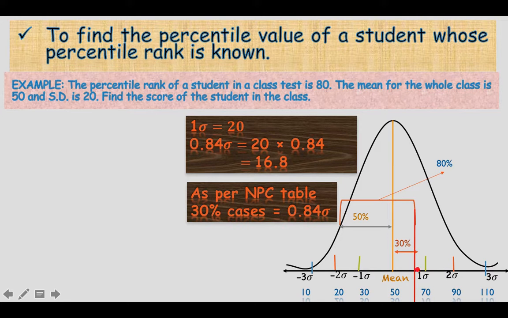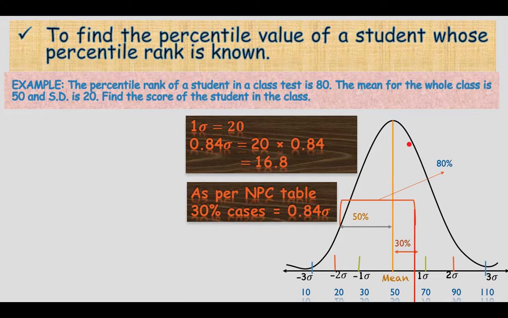In the normal curve this is 1 SD, but in the case here, when the mean is 50, the SD is equal to 20. So 1 SD is equal to 20 for this problem, and the score lying between 0 and 0.84 SD will be equal to 20 multiplied by 0.84, which is equal to 16.8.